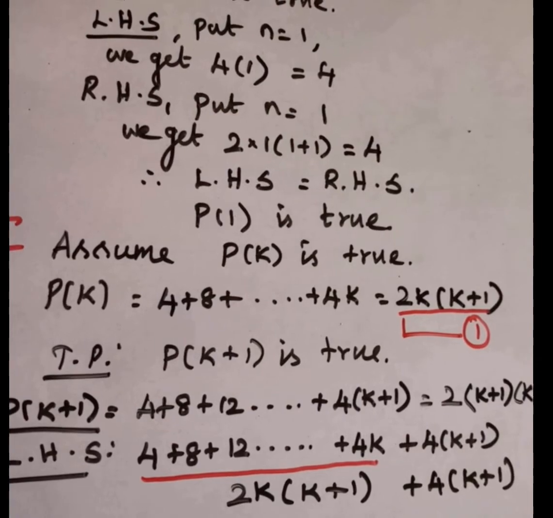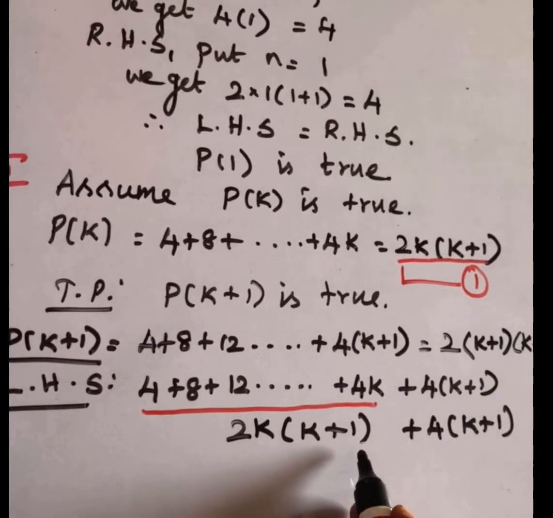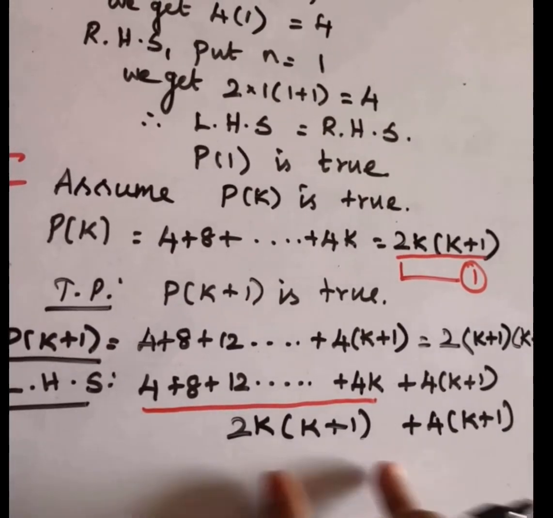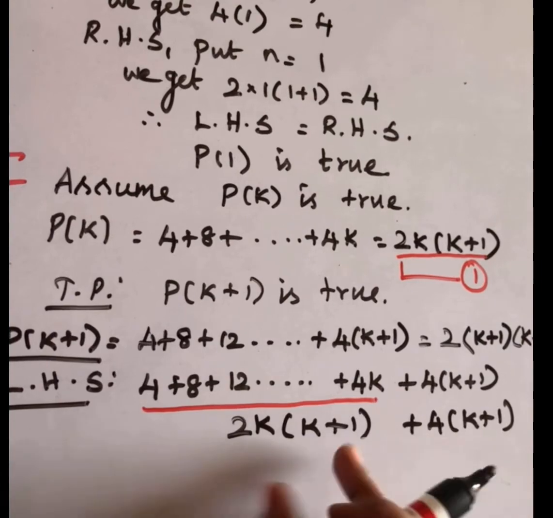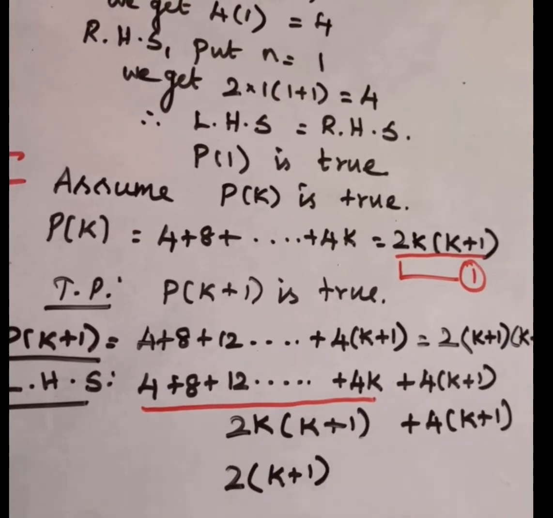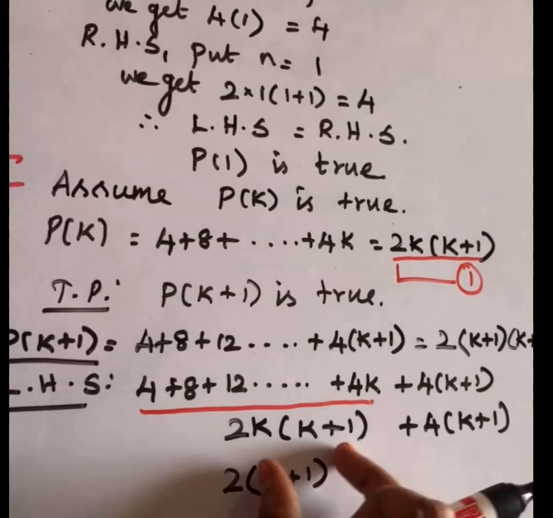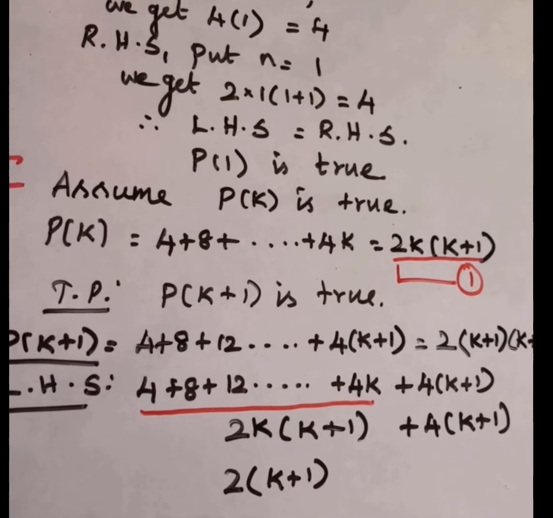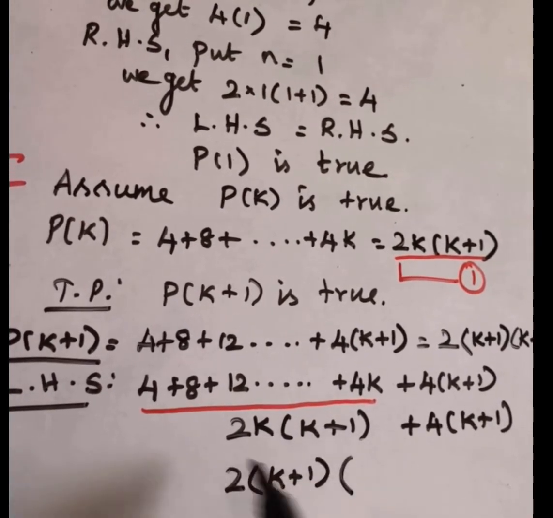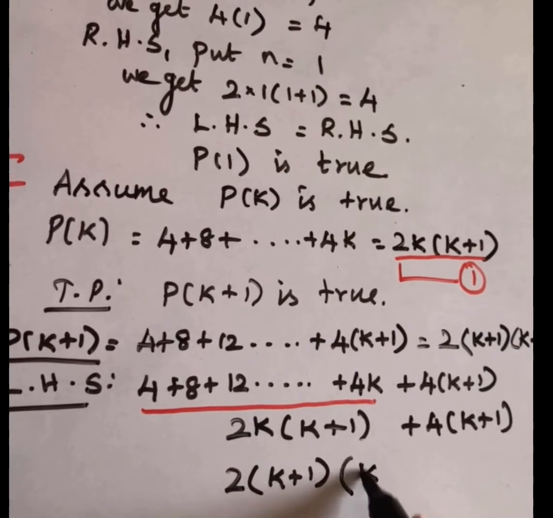So 2k into k plus 1 plus 4 into k plus 1. Here in these two terms, 2 and k plus 1 is common. Right? So I take it outside: 2 into k plus 1 into, if I take 2 and k plus 1, remaining k only is there.